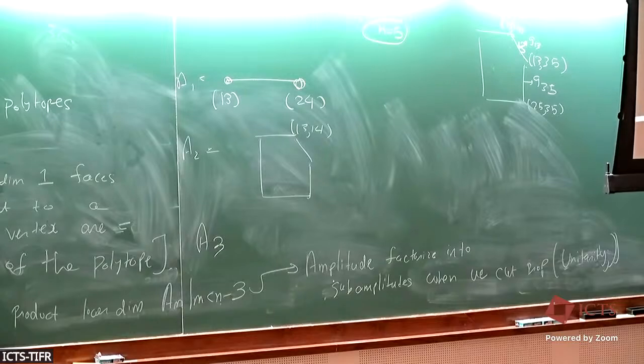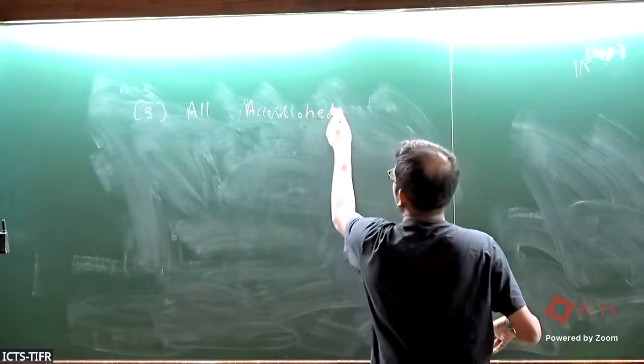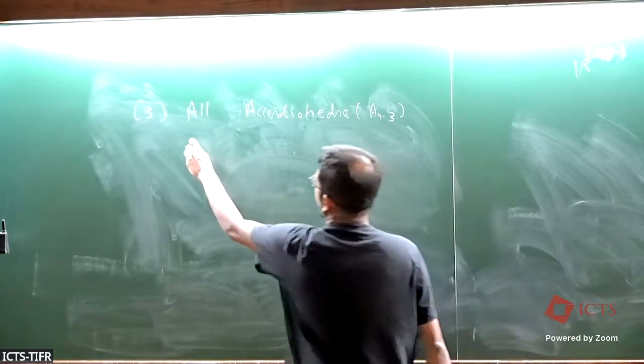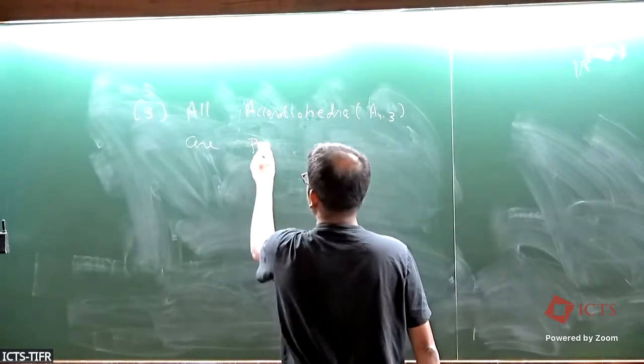So let me just say that property 3, all accordiahedra. By the way, even the Associahedron is an accordiahedron, but it is a very special kind where the vertices are triangulations. So all accordiahedra, including Associahedra, are examples of positive geometries.